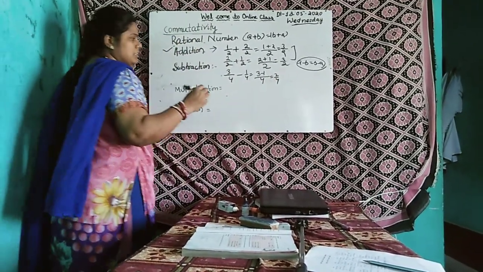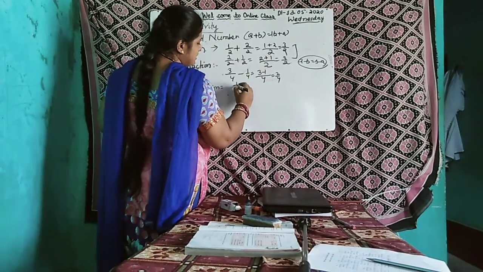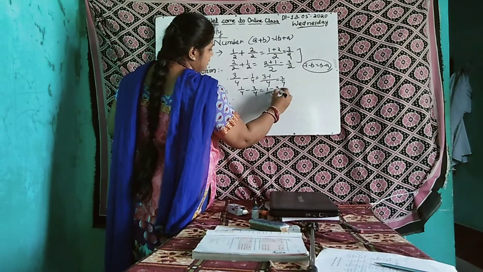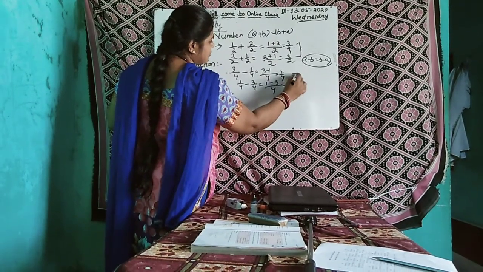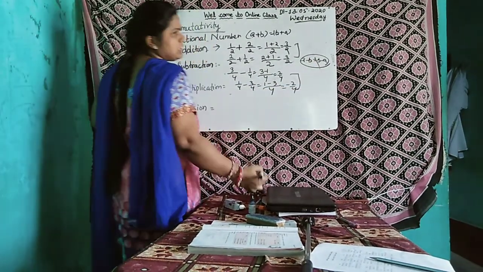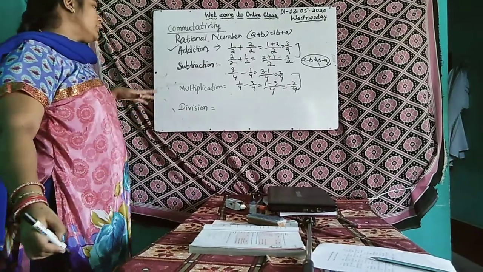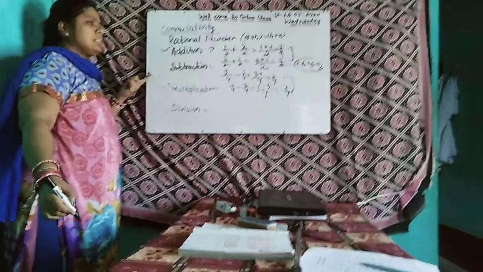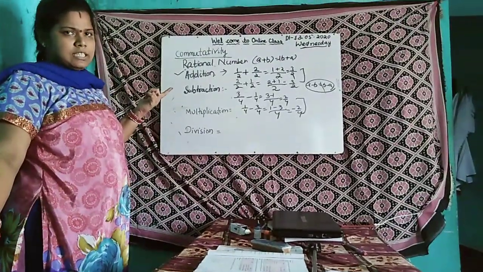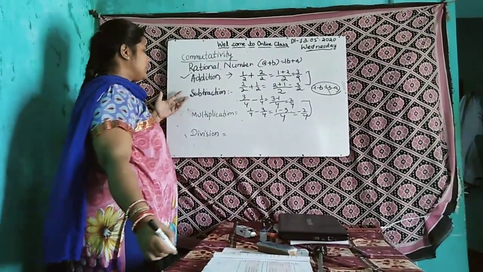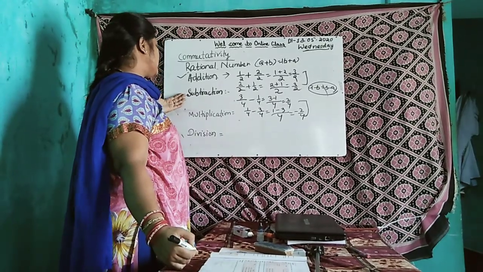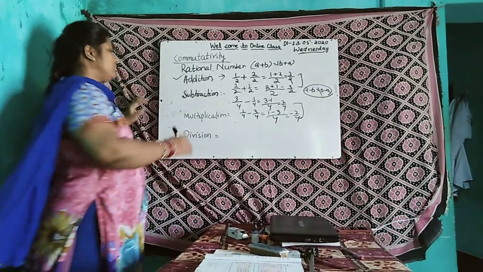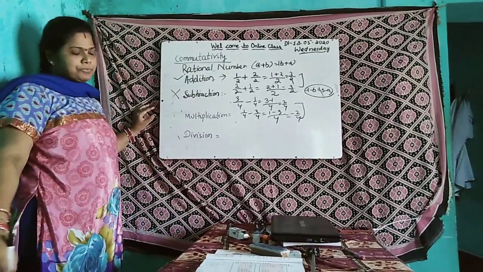If we inverse it, alternate the numbers, 1/4 minus 3/4, 1 minus 3, that is minus 2/4. Both are not equal. So rational numbers are not commutative under subtraction. In the case of subtraction, rational numbers do not satisfy the commutative property.